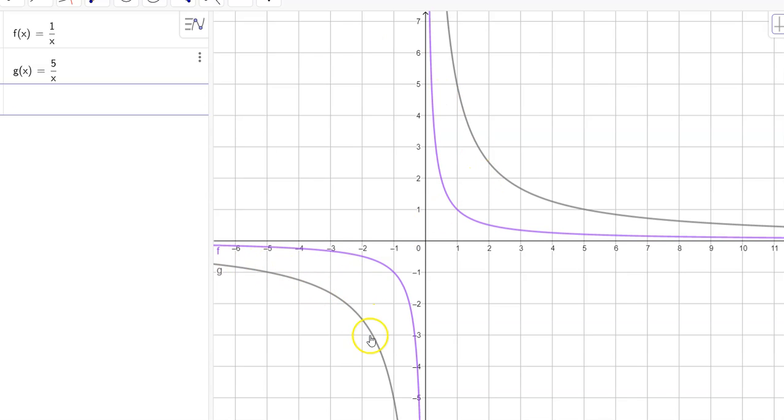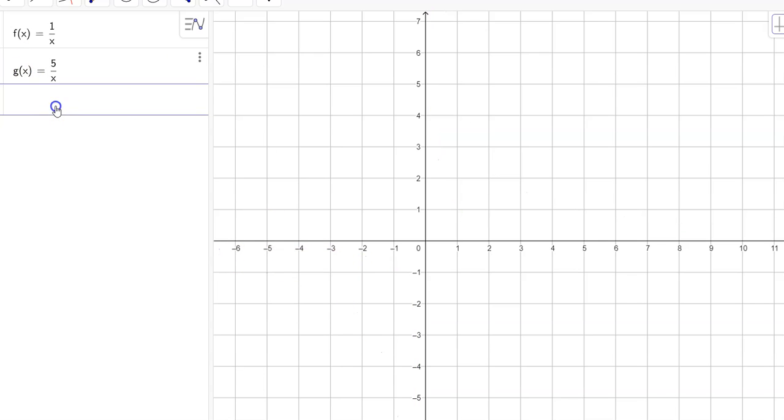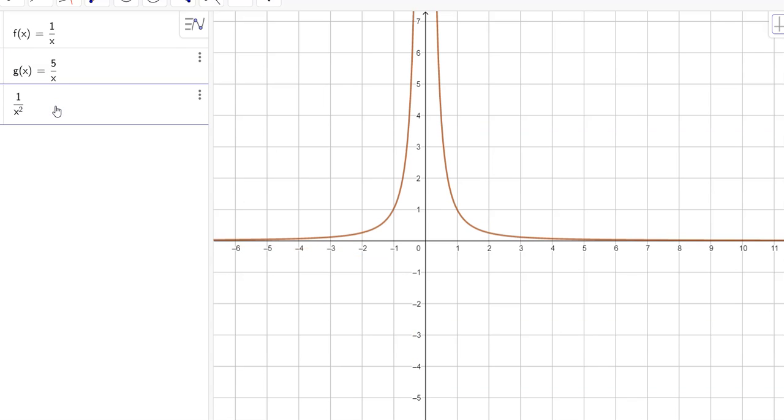And for the negative part, you see it's below the x-axis. And if we have some other rational function, first of all, we can take 1 over x squared. Then it looks like this. Then you see it's symmetrical on the left and right of the y-axis, since if we square it, the negative sign disappears.